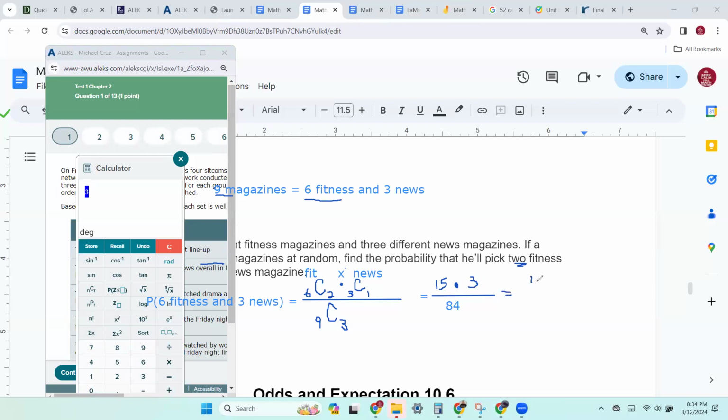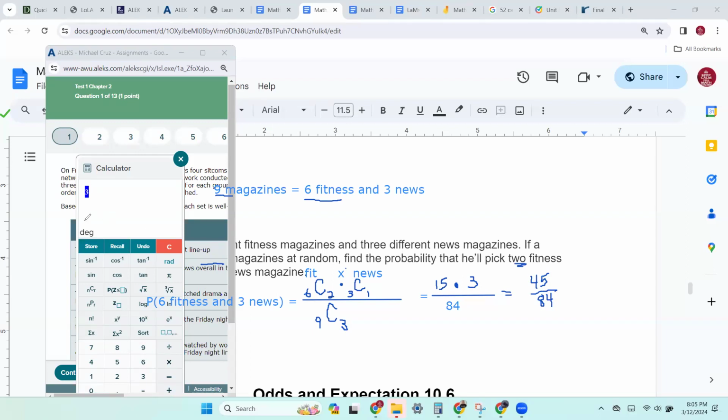So that's 45 over 84. And then we'll round it off to, we'll do like tenths or hundredths.